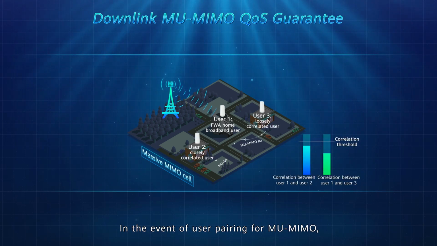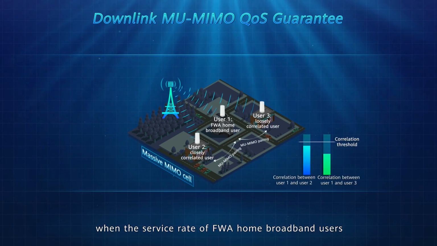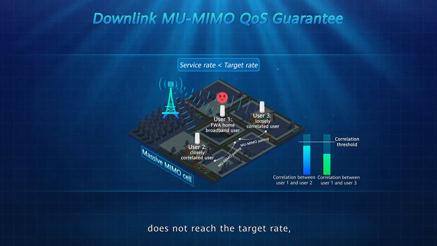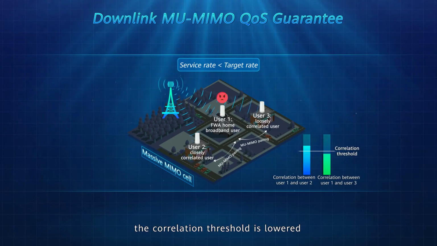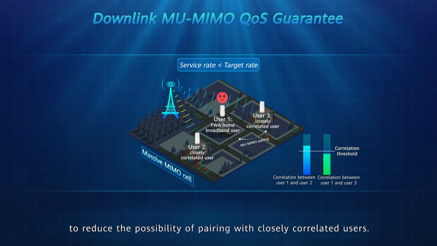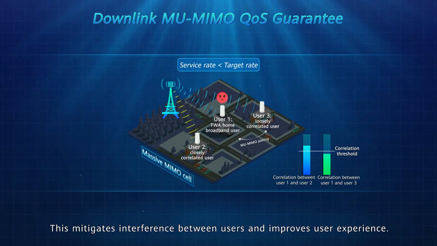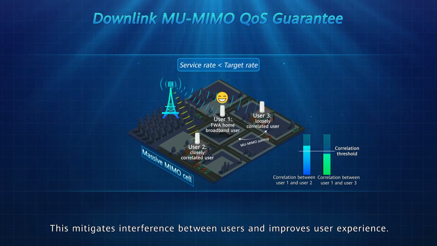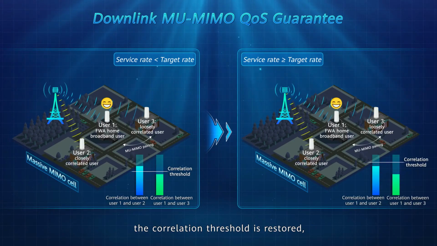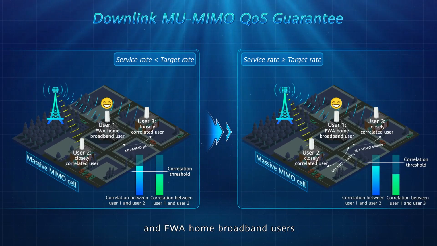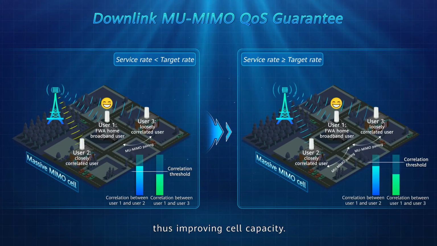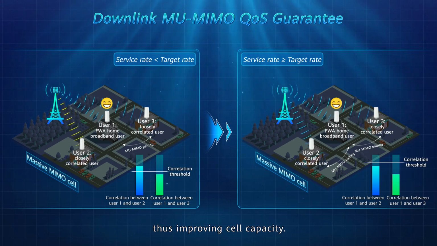In the event of user pairing for MU-MIMO, when the service rate of FWA home broadband users does not reach the target rate, the correlation threshold is lowered to reduce the possibility of pairing with closely correlated users. This mitigates interference between users and improves user experience. When the service rate reaches the target rate, the correlation threshold is restored, and FWA home broadband users can be paired with more users for MU-MIMO, thus improving cell capacity.